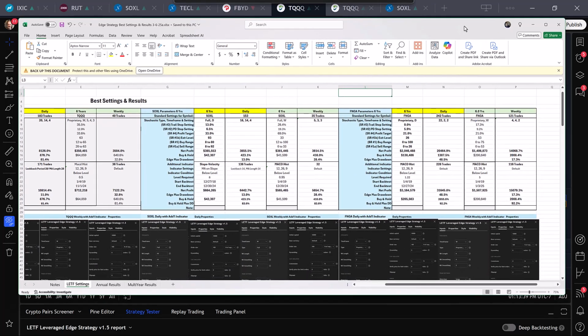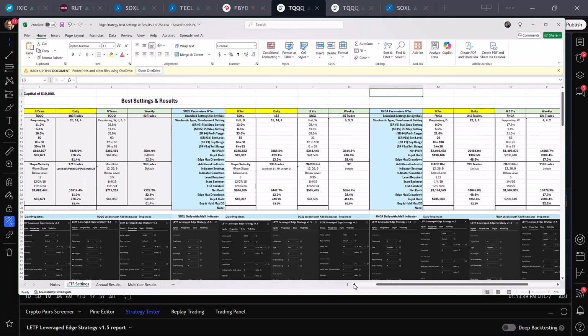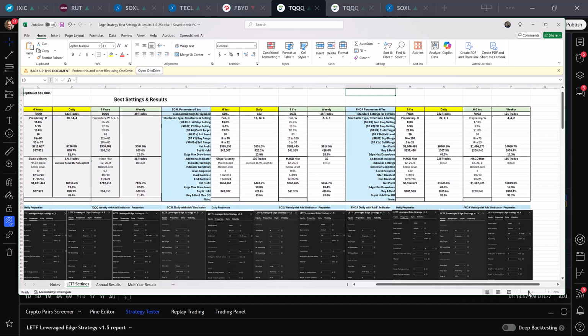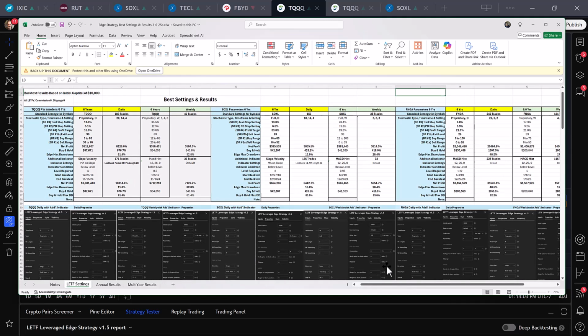So I just reduced the size of this to give you a sense, but in many cases we have two settings for each leveraged ETF, and that is because there's quite often a daily and a weekly setting for both.